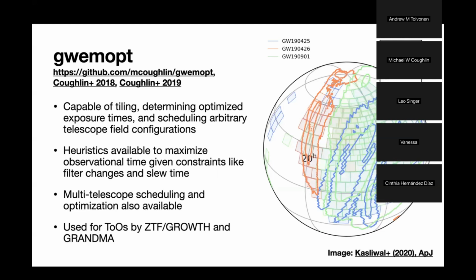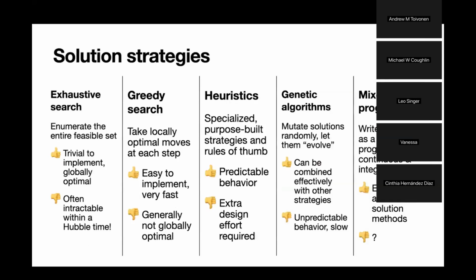It has a large selection of different heuristic algorithms, or different rules of thumb, that do a really good job in practice for a variety of different telescopes, including ZTF. And this is the scheduler that we actually use for gravitational wave follow-up right now.